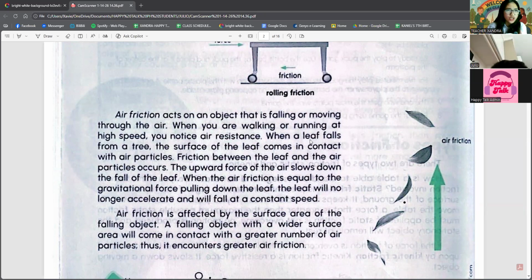So again, friction is everywhere. It helps us walk, drive, play, and stay safe. Without it, everything would slide around like ice.